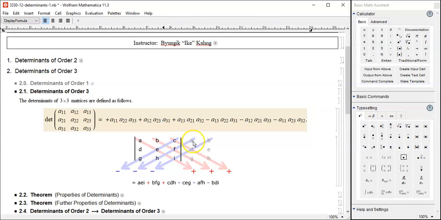So you see A, B, C, and then A, B, and C would have been here, but that's not really necessary. And then we can consider these diagonals, and that leads to this computation. These are red and these are blue, so to speak.